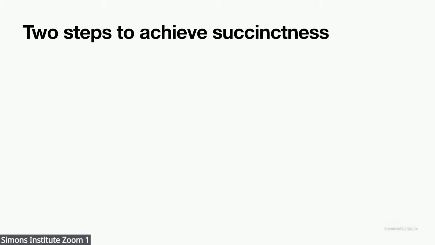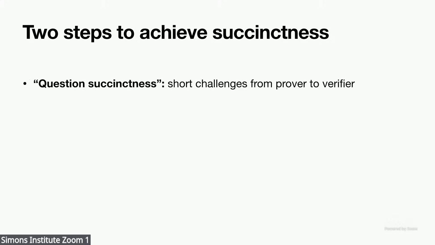And the thing that we exploit is that succinctness really has two parts. There are two important things you have to do to achieve succinctness. There's question succinctness, which is that the challenges sent by the verifier to the prover should be short. And then there's answer succinctness, that the messages sent back from the prover to the verifier should be short. And these can be achieved by combining different techniques.